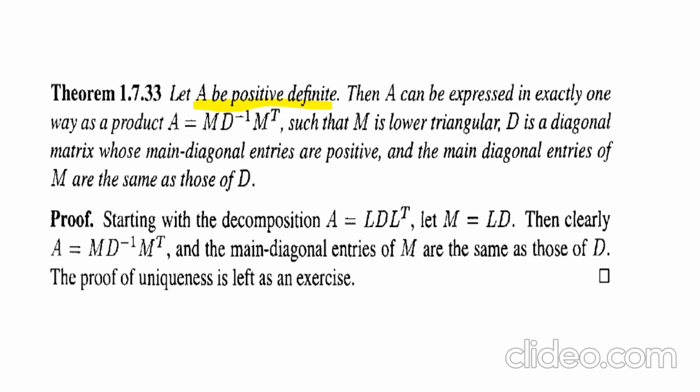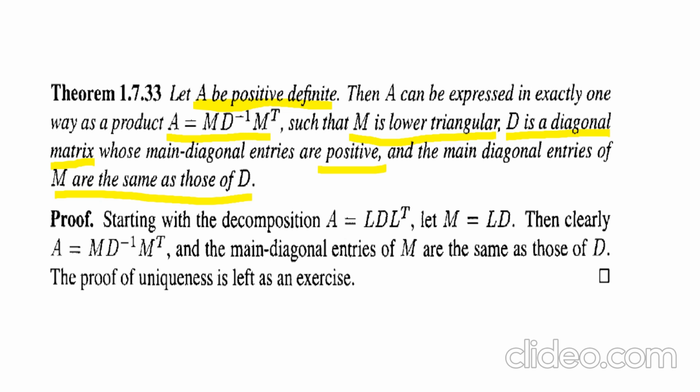Then A can be expressed in exactly one way as the product M D inverse M transpose, such that M is lower triangular, D is a diagonal matrix whose main diagonal entries are positive, and the main diagonal entries of M are the same as those of D. Diagonal entries of M and D are the same and positive.